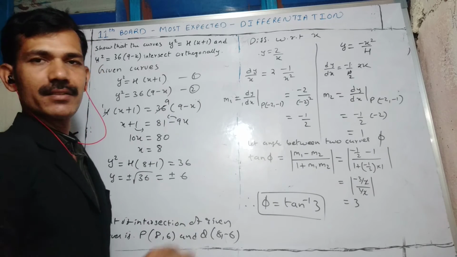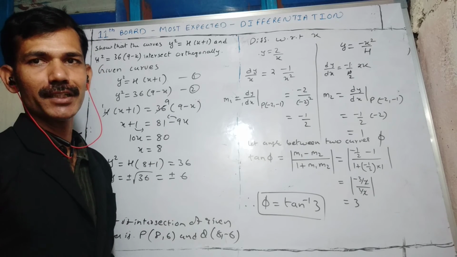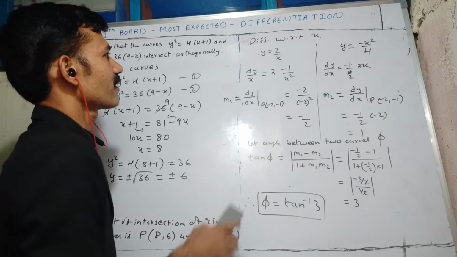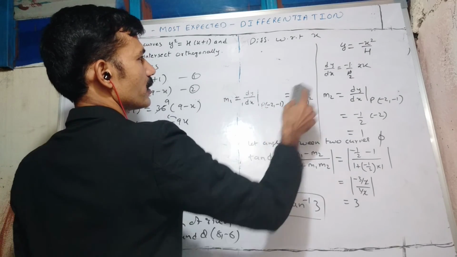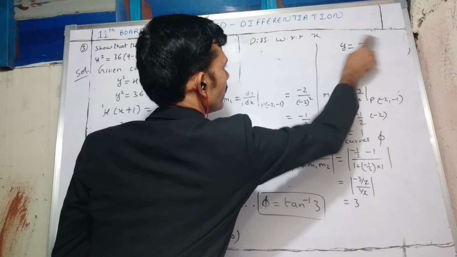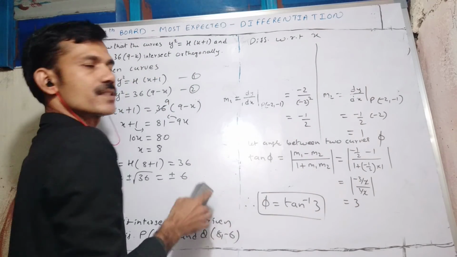Okay. Next, differentiate with respect to x. Okay, two curves are there now. The two curves we have to differentiate with respect to x, and after that we have to find their slopes.